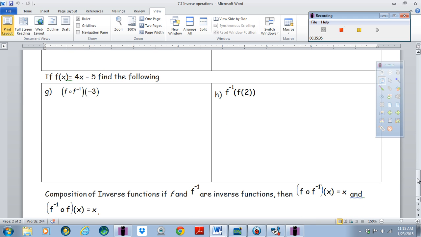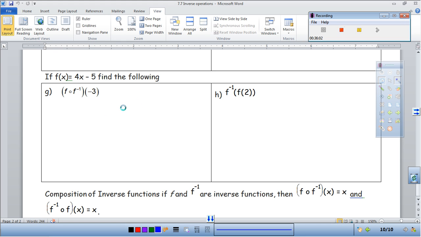Okay, so now we're going to do what we did in 7.6, the f of g of x. This time, though, we're going to do f of the inverse of negative 3. So before we can find f of the inverse of negative 3, you have to actually find the inverse of this. So we're going to replace the x and the y here. I'm going to put x equals 4 times y minus 5.